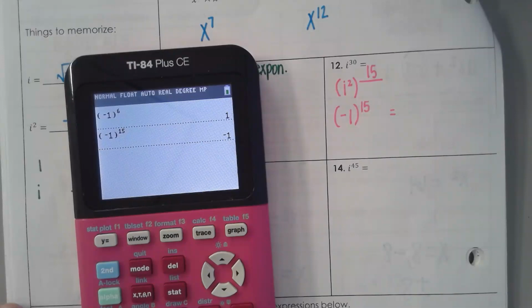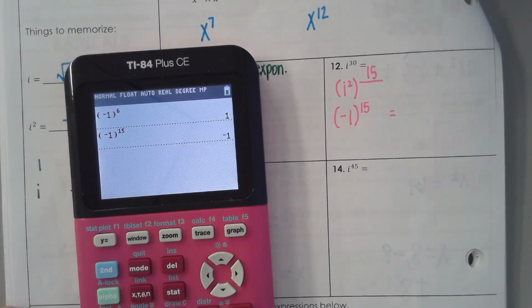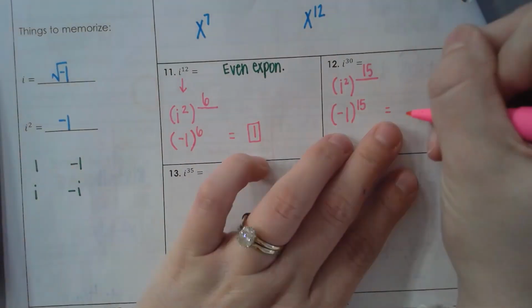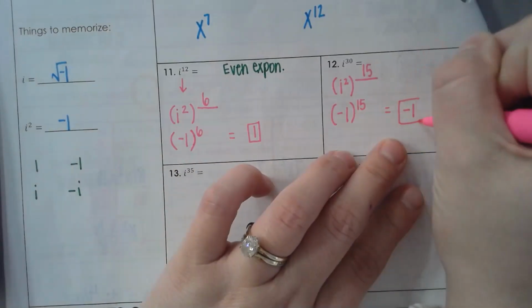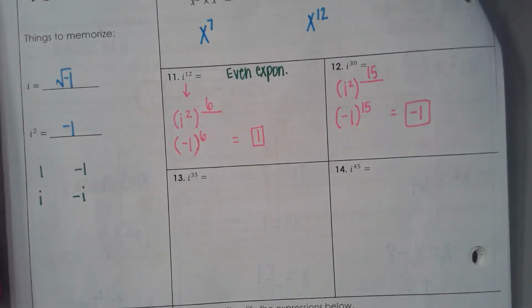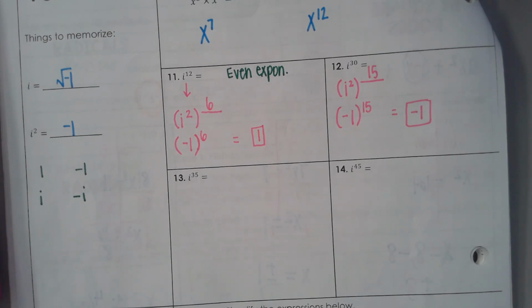And negative 1 to the 15th power is negative 1. So i to the 30th is the same thing as negative 1.